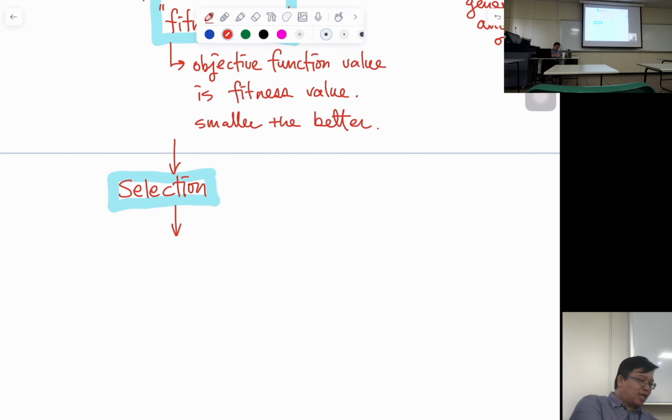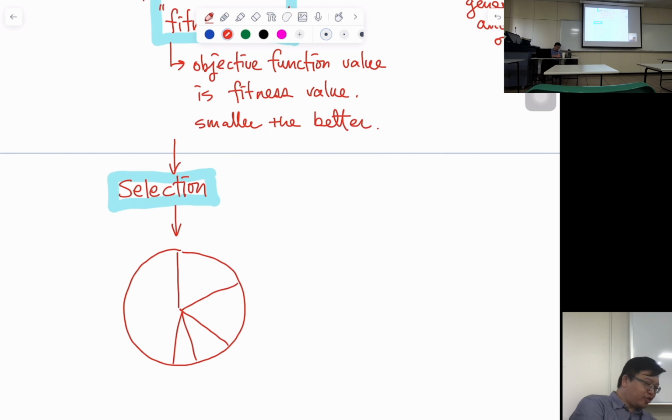The idea is I'm going to generate a circular target, like a pie chart. But this is only conceptual. In computer programs, you don't really need to draw a circle. So I have a pie chart, and every chromosome will be placed inside this pie. So for example, this is my best chromosome.